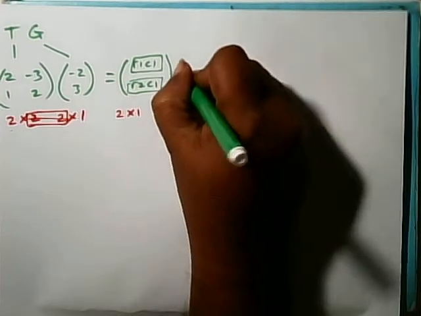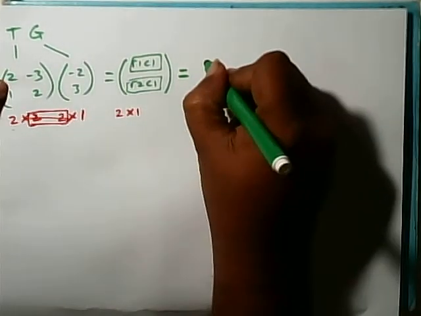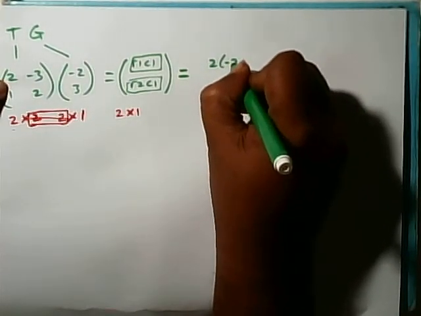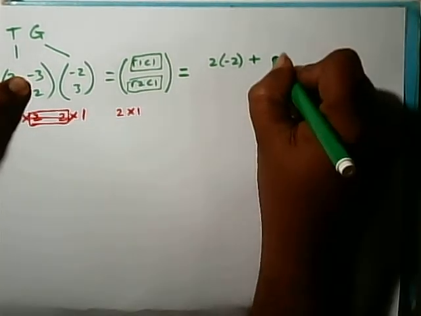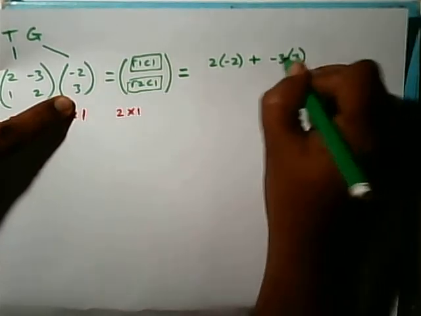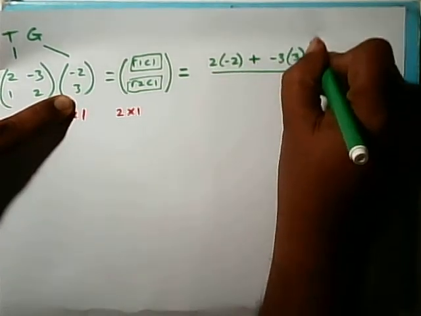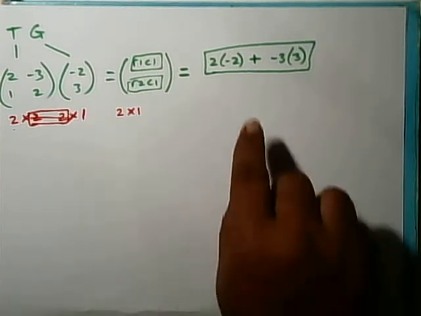We could probably work this out right here. Row 1 by column 1: 2 by minus 2, added to minus 3 by 3. All these negatives can be confusing, so make sure you write it all out.